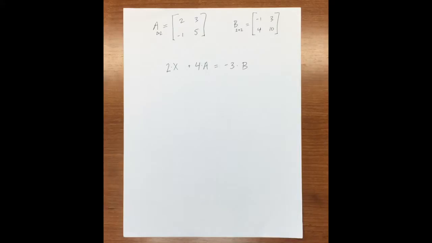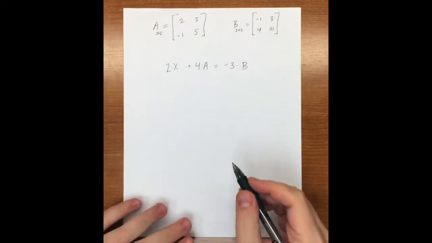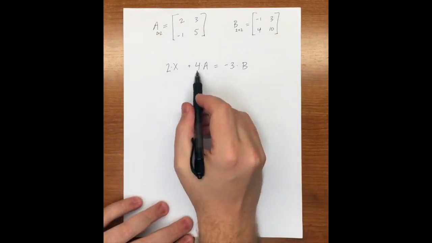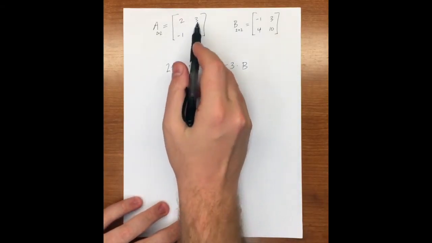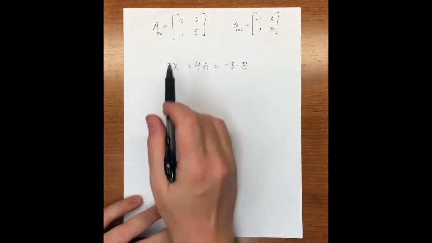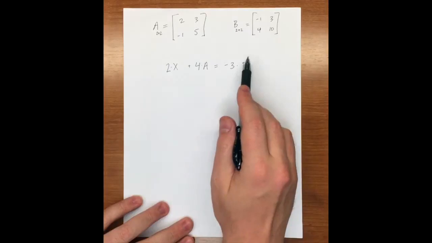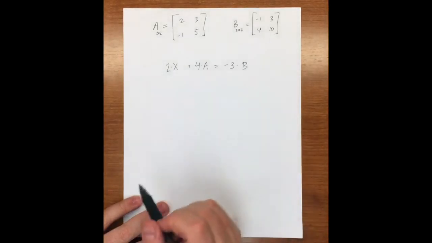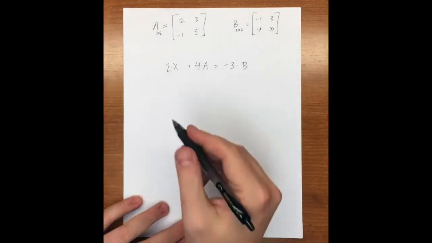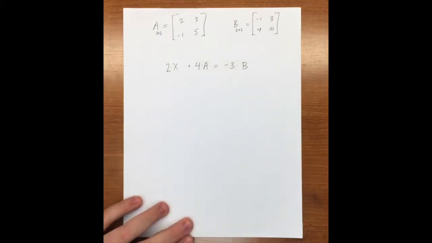The way that we're going to solve this is just like the way that we solve an equation normally in algebra. We could figure out exactly what 4 times A is by taking the matrix A and multiplying all the components by 4, and multiply all the components in B by -3. We could do that by hand, but that's going to be a little bit more work for ourselves.